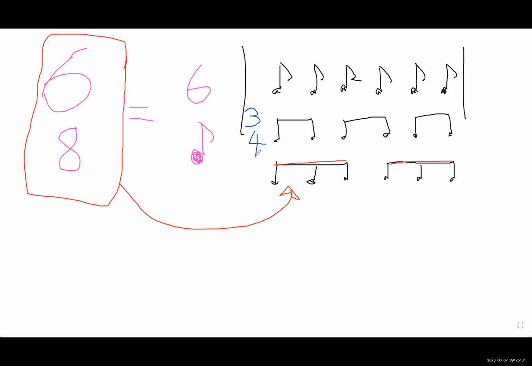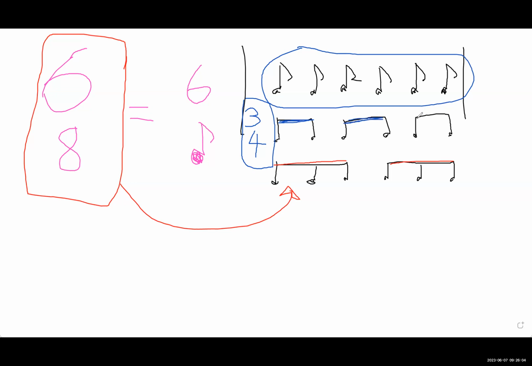Mathematically, just like when we were comparing 2/2 with 4/4, they are the same. Mathematically, the time signature 3/4 and the time signature 6/8 both have this amount of eighth notes in them, but they are grouped differently, and you can see that only through the beams on top.